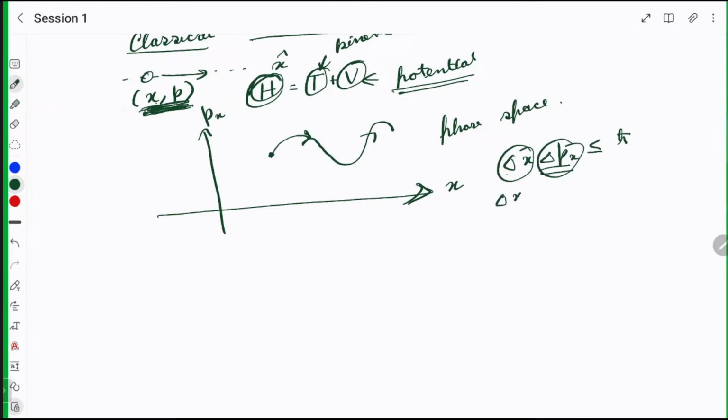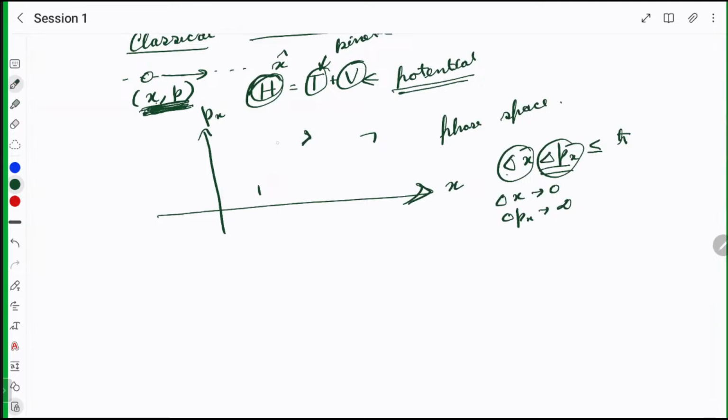In other words, if delta x tends to 0, then delta p_x has to be infinite, which means it can be anywhere on this line of constant x. Let me draw this properly.